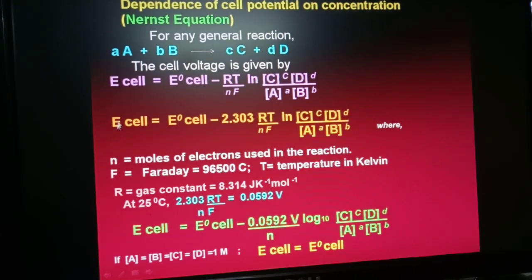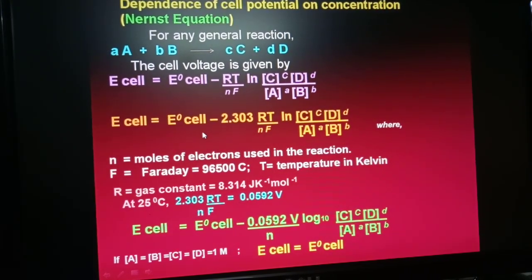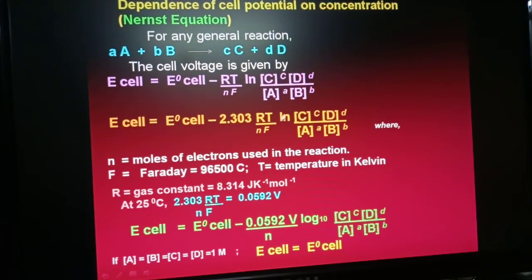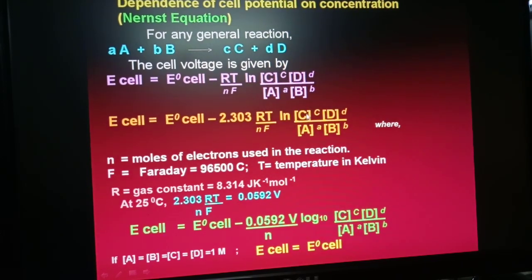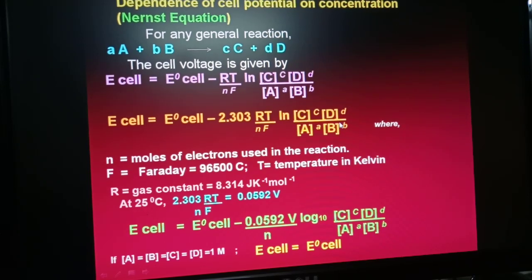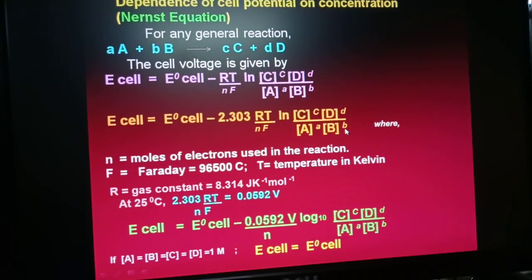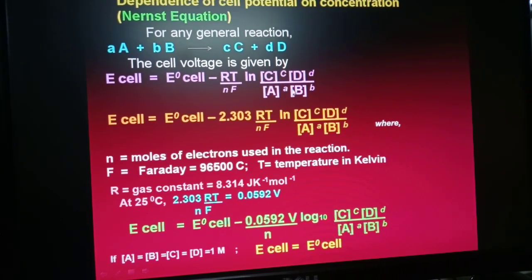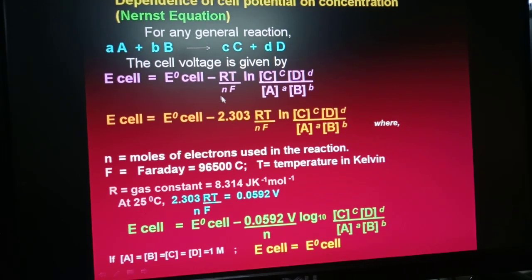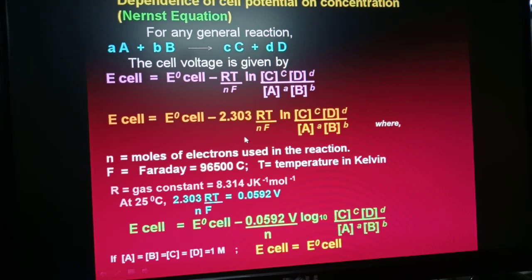Therefore, E cell is equal to E0 cell minus 2.303 RT upon nF log to the base of 10 of the same ratio. Now, the above equation is converted to log to the base of 10, therefore we multiply RT upon nF by 2.303.